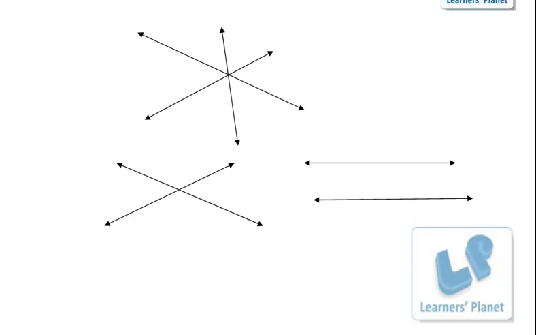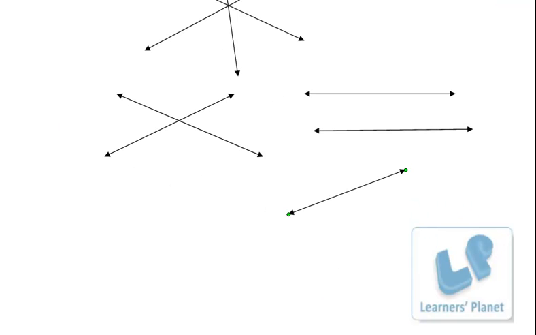And these two lines, suppose I take one more example. So over here, one more example. Suppose I have this line and I have this line. Now you just observe the difference between this set and this set.